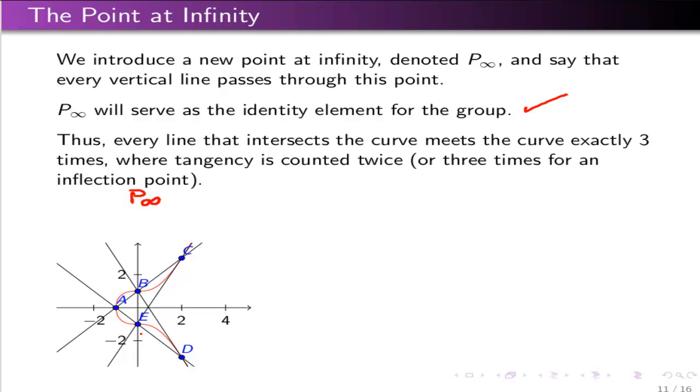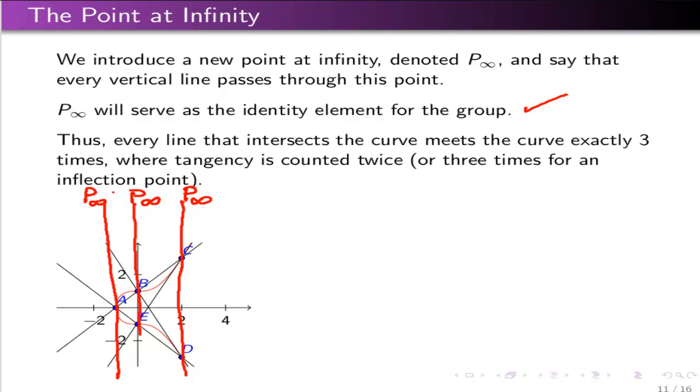So if we have a vertical line passing through, say, B and E, we're going to say that line passes through P infinity. Or a vertical line passing through C and D, we're going to say that also goes through the point P infinity. And the tangent line at A hits the curve twice at A and passes through this magical point P infinity.